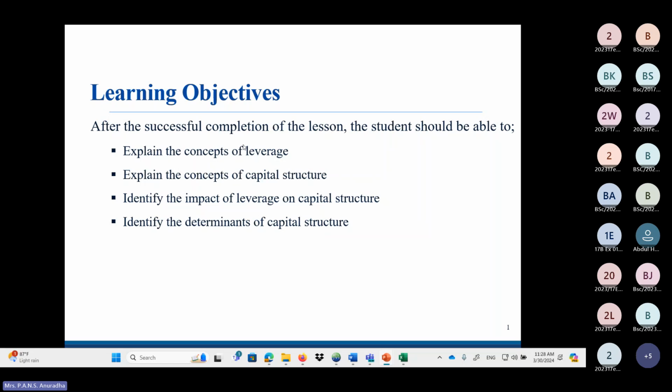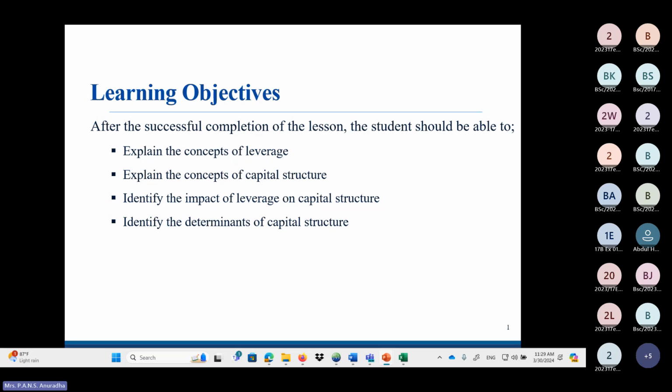You will learn the concept of capital structure, identify the impact of capital structure on leverage, and finally learn how to determine the optimal capital structure. These are the things we are going to cover under this very small area.